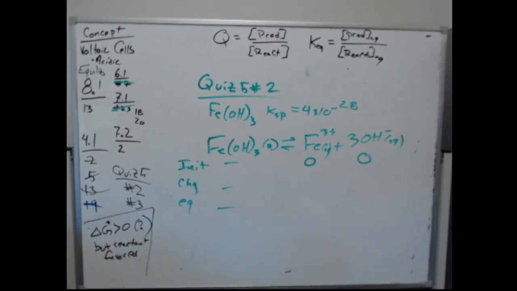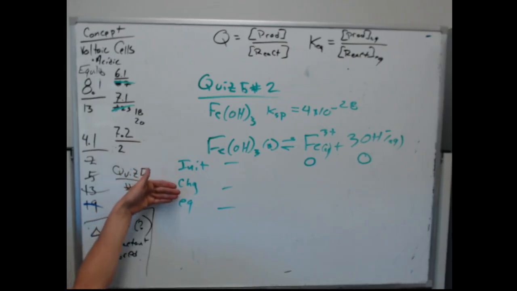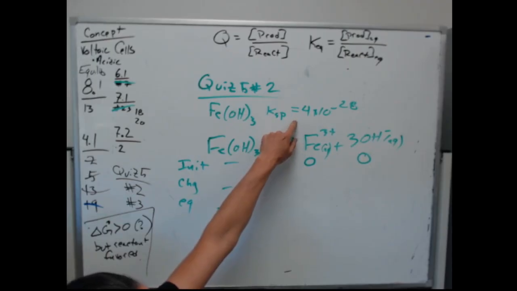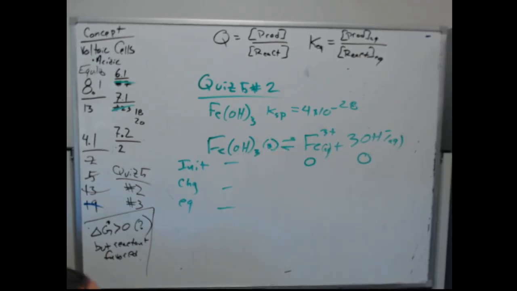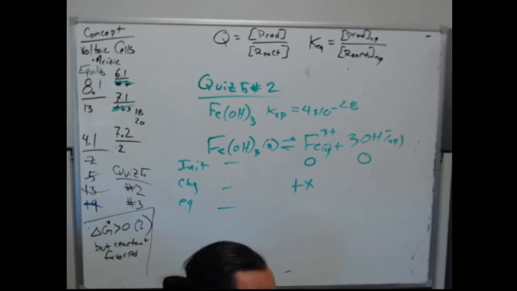I'm tossing iron hydroxide into a beaker of water, and this is obviously not at equilibrium. My Q value is equal to 0, so I know that this has to go towards products at least a little bit, probably a very little bit with this K value. How much? I'm just going to use some value x.